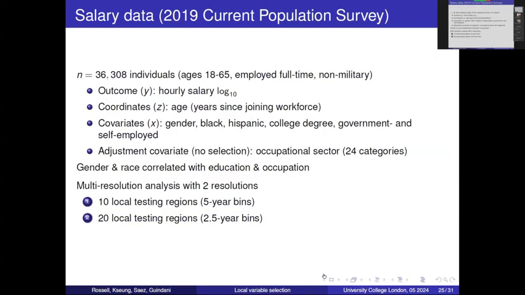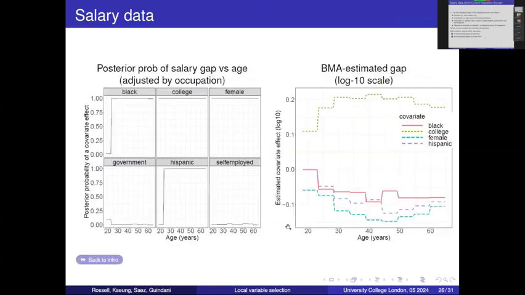Now I'll finish up with this example. This is again the salary data. The main thing I want to emphasize is the multi-resolution analysis, where we consider two resolutions: one that defines 5-year bins, the other that defines 2.5-year bins. And these are the results that I already walked you through.